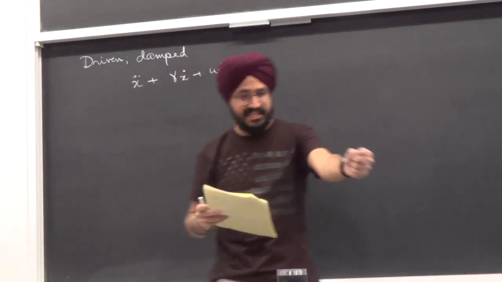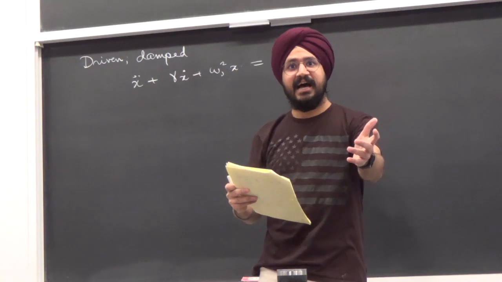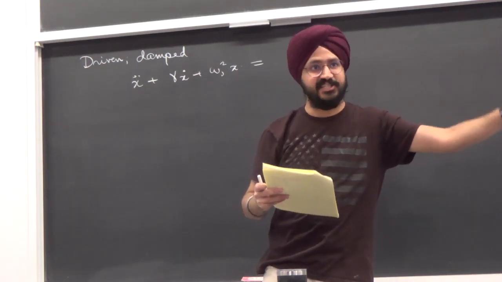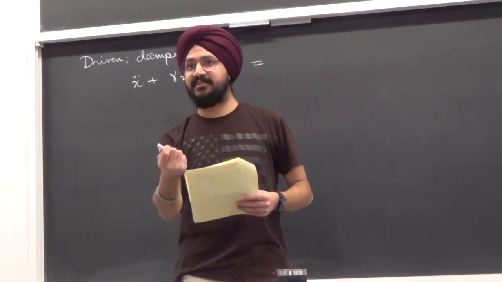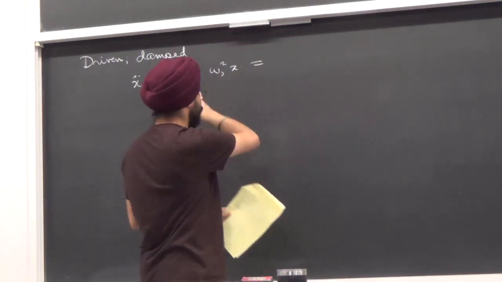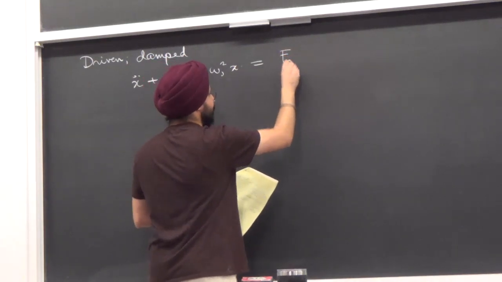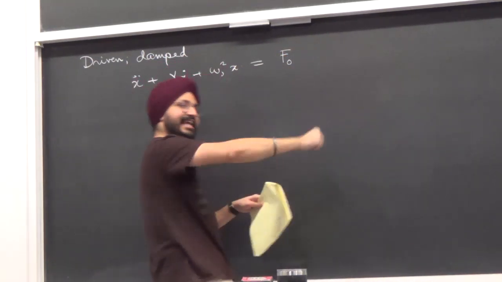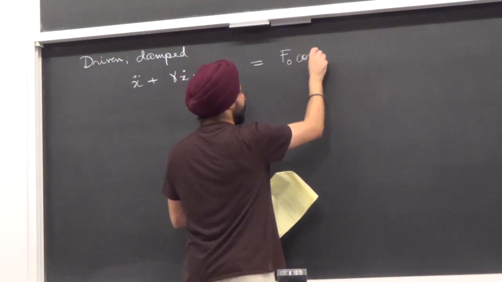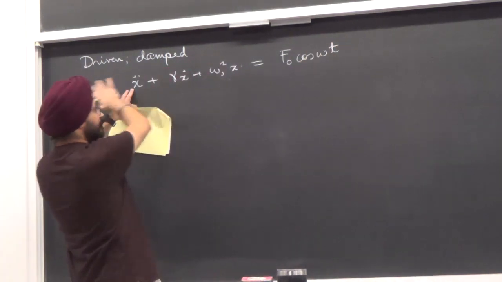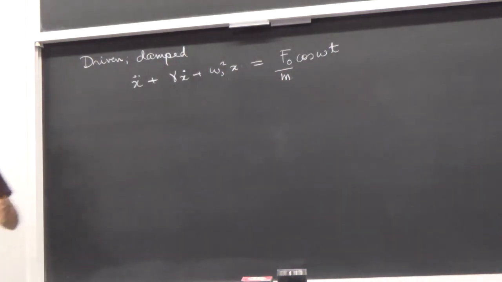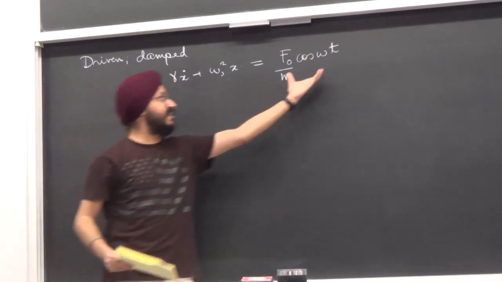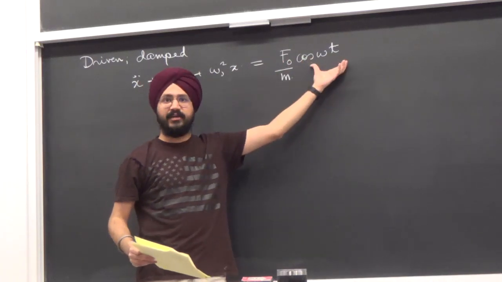Now, instead of the oscillator being damped out by itself, someone or something is moving it around externally. There is an external oscillating force with amplitude F naught, cosine omega t, and I divide the mass out, so it is F naught over m. So I am driving my damped oscillator with an external force F naught cos omega t.